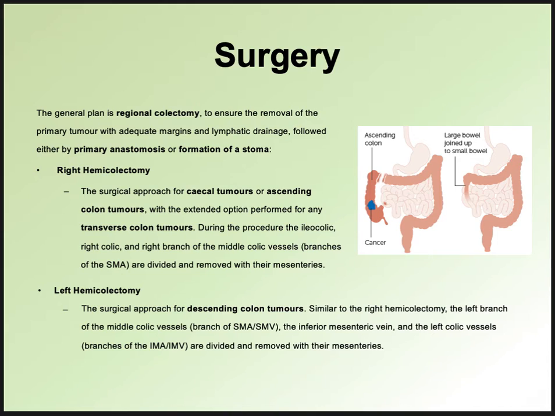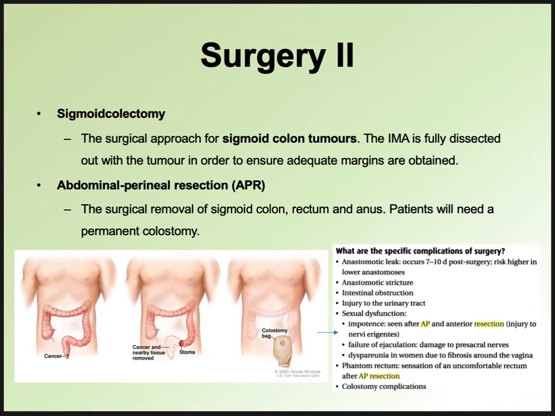And with the left hemicolectomy, it's the left branch of the middle colic, inferior mesenteric vein, left colic vessels, and these are divided and removed with their mesenteries. So, other things to know. If there's a tumor in the sigmoid colon, a sigmoid colectomy is performed. In this procedure, the IMA, the inferior mesenteric artery, is fully dissected out with the tumor to ensure adequate margins are obtained.